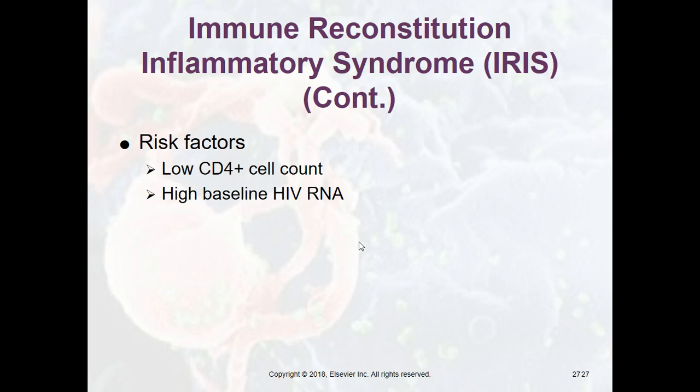The main goal of any antiretroviral therapy is to suppress the viral load and allow your body to increase its immune system or its CD4 cell count. So the opposite is happening when a patient is experiencing IRIS as a result of taking antiretroviral therapy.